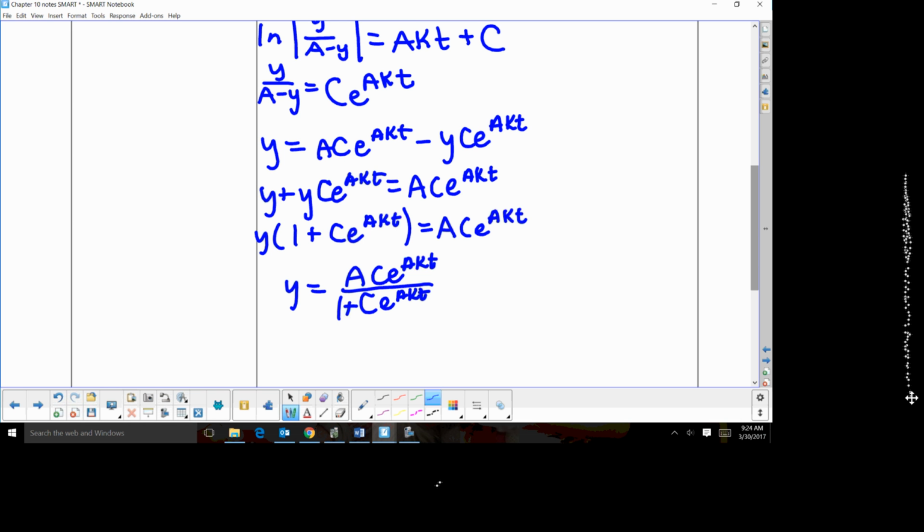Except it doesn't match the equation from the previous part. So what do they have in the equation on the numerator for y? They just have the a.